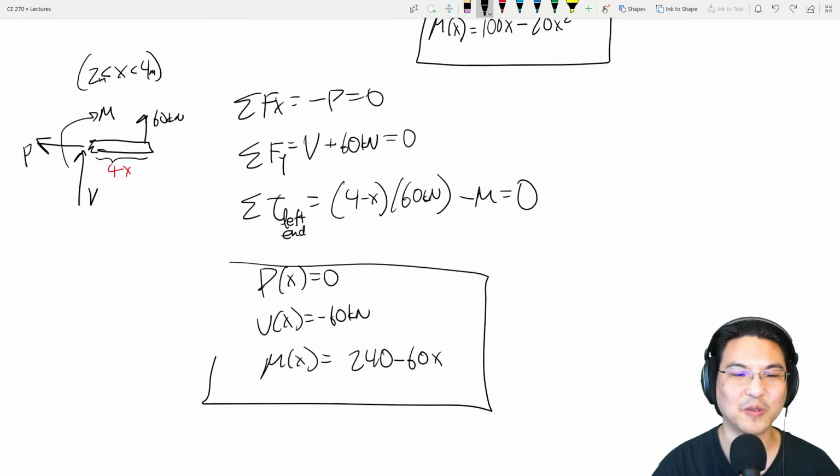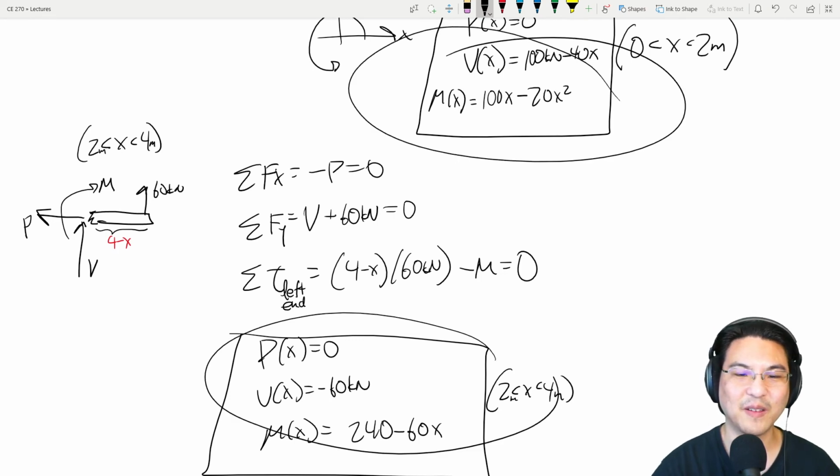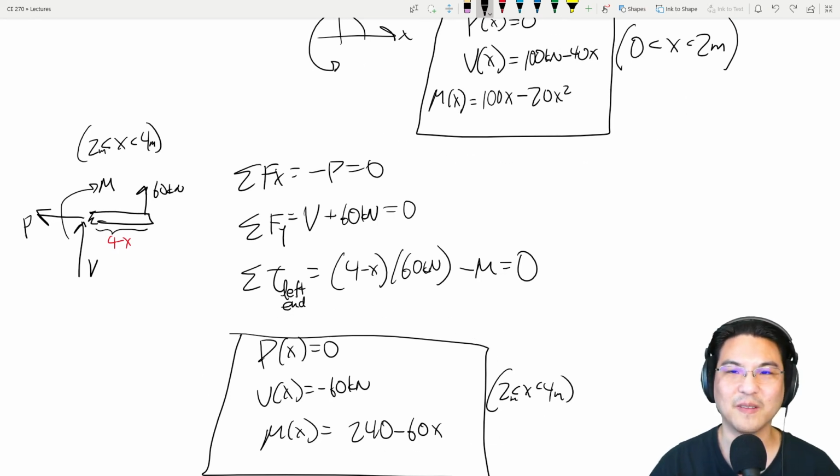Okay, and this is true for x between 2 and 4 meters. So it'll almost fit on the screen, right? So now look, we have the behavior of axial force, shear, and bending moment over the entire beam.